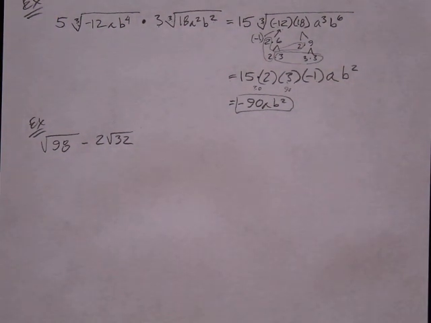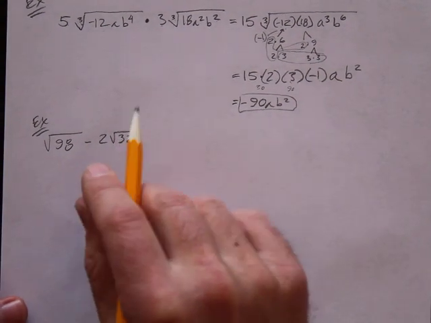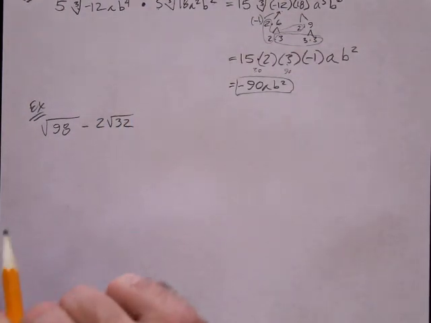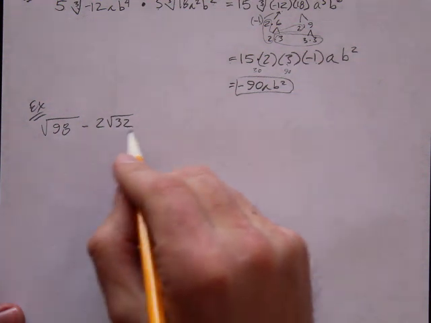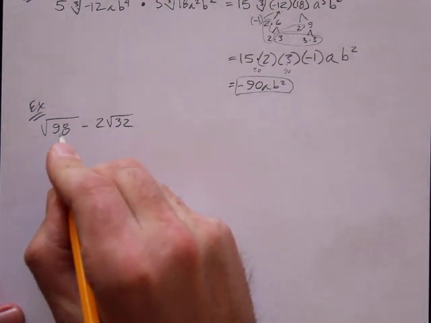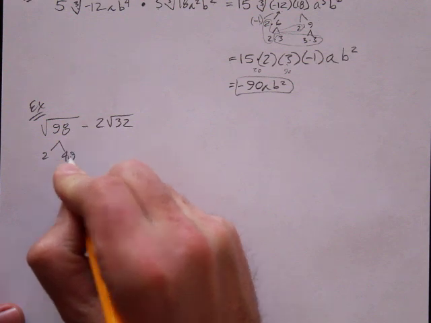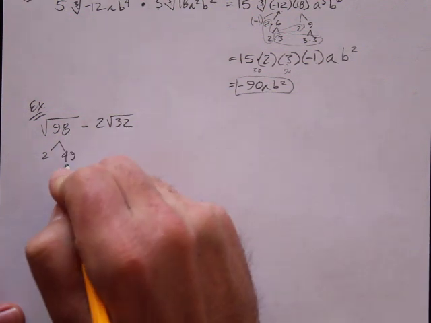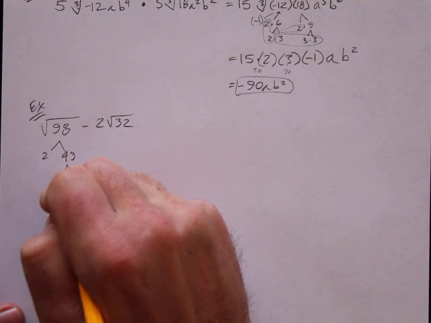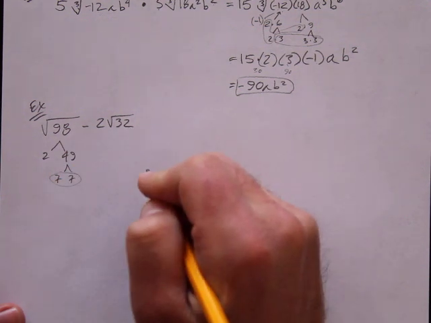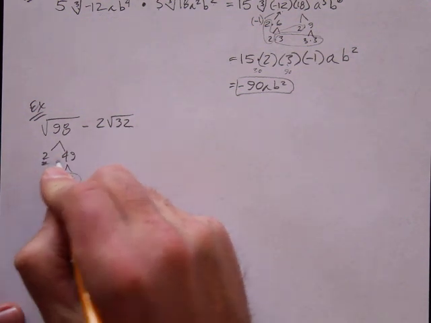There is a question that looks so much like this on the test, I remember. Here's how we do this one. I'm going to start factoring this. 2 times 49 is 98, and we can recognize, hopefully, that 49 is 7 times 7. So we've got a 2 left over there.